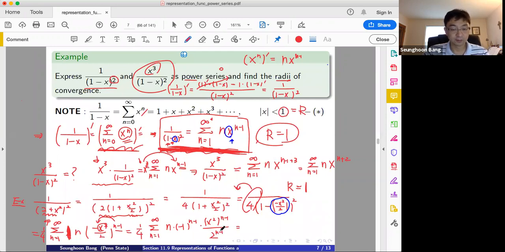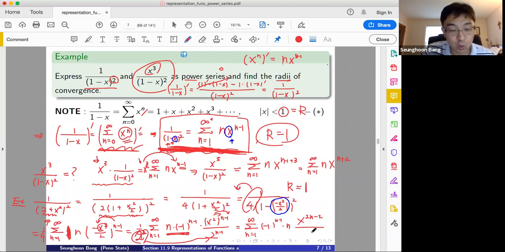Next, the 4 is exactly the same as 2 squared. You can keep the summation n equals 1 to infinity and keep negative 1 to the power n minus 1 times n times x to the 2n minus 2 over 2 to the n minus 1 plus 2.